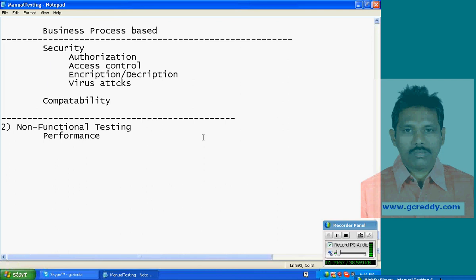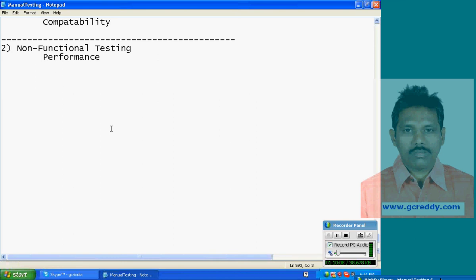Next, non-functional testing has 30 to 40 subtypes, but below 15% market share. See here, the highest market share is performance testing.